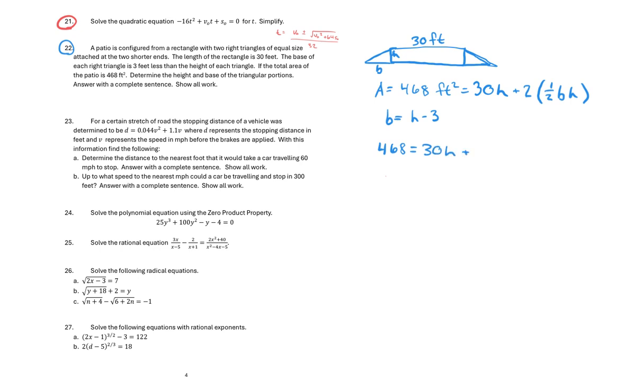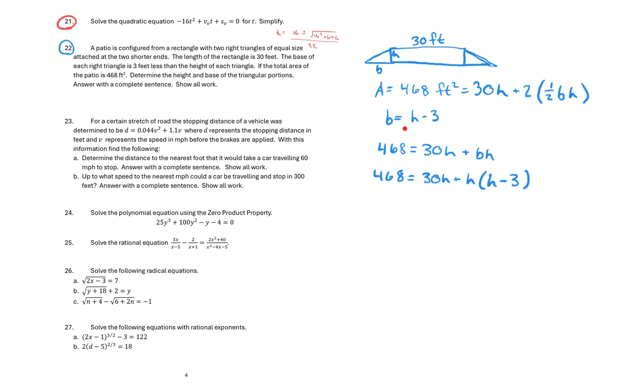30h plus bh. Now we also know that b is equal to h minus 3, so we can actually just substitute it in right there. Get 468 equals 30h plus h times h minus 3.